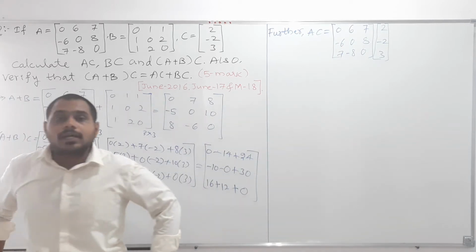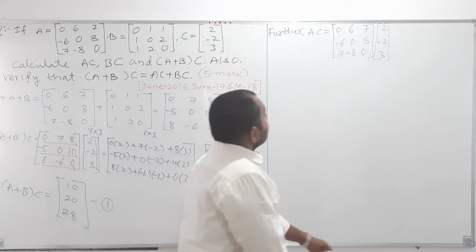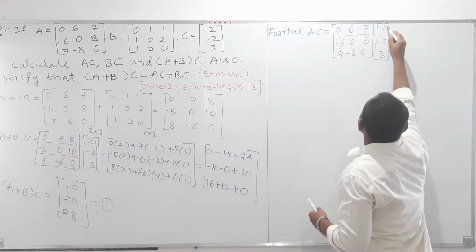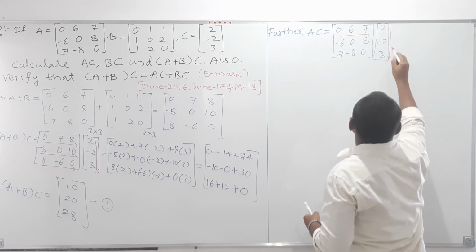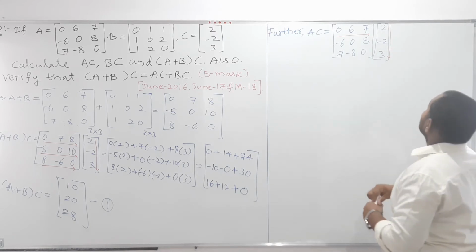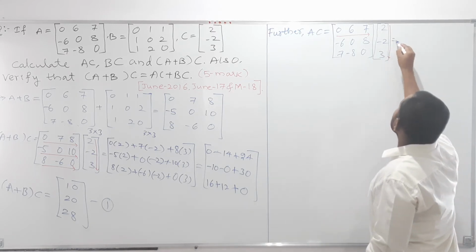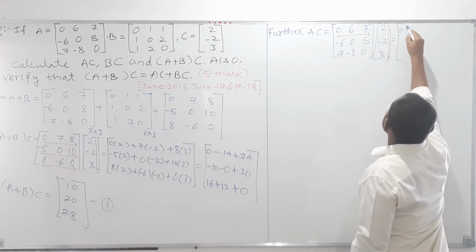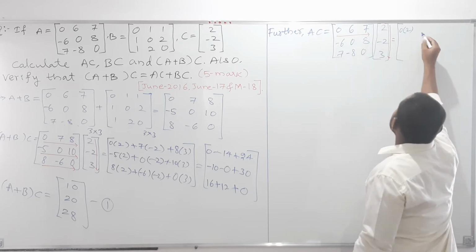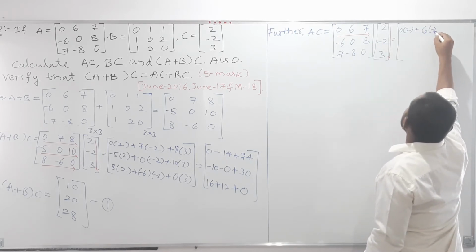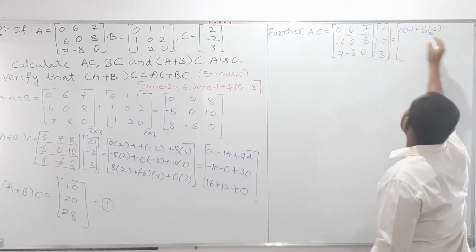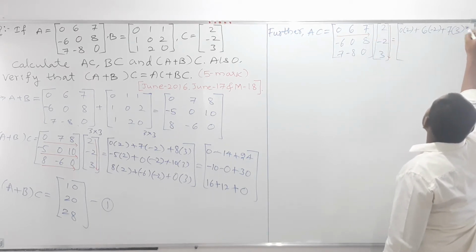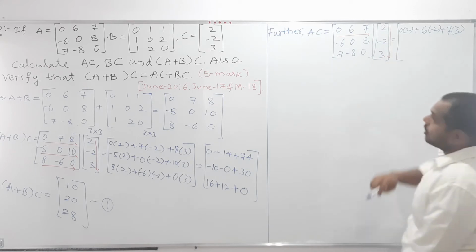So therefore if I multiply these two, that is row by column. First row, here it is, this is the column. So this is equal to, my dear students, 0 into 2 plus 6 into minus 2 plus 7 into 3. So row by column.